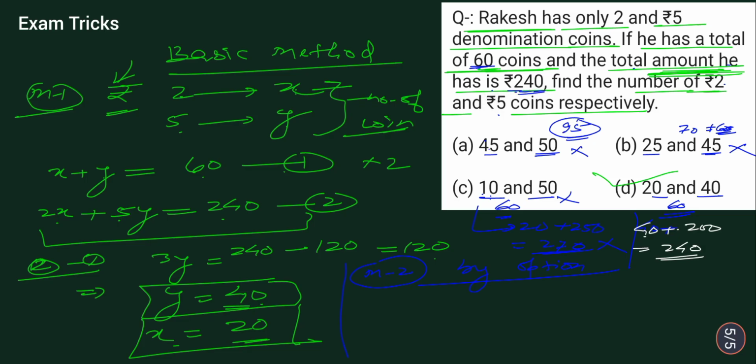So both conditions are satisfied. So option D will be your correct answer. Is it clear? Now I have two more methods, but because of time constraints it is going to be lengthy, so I will stop the method here. I hope everything is clear to everyone, right?